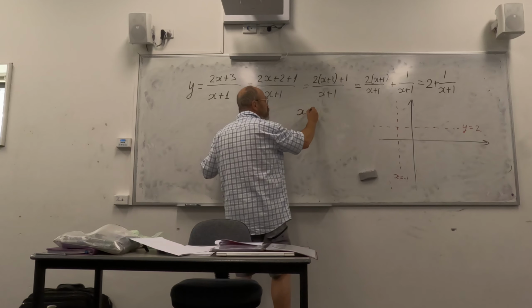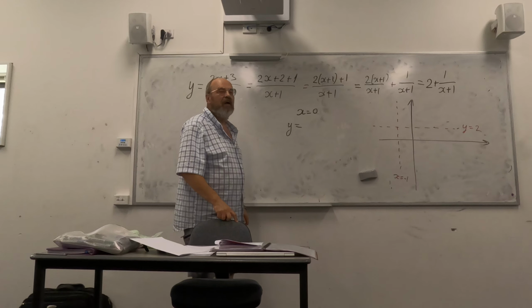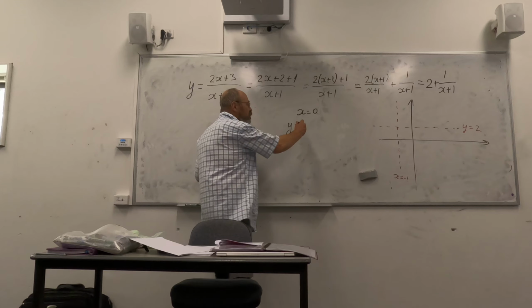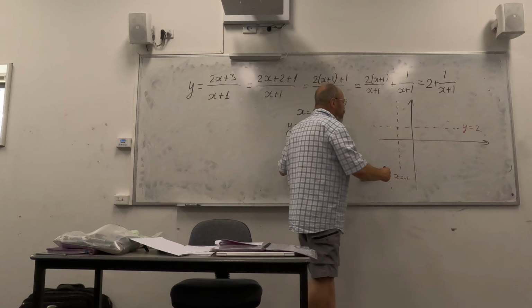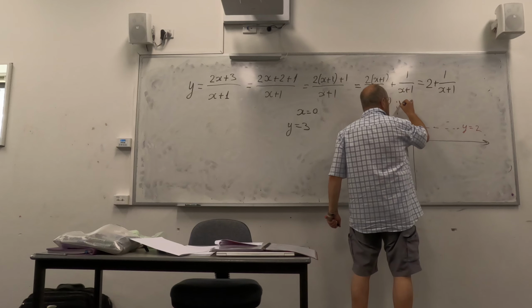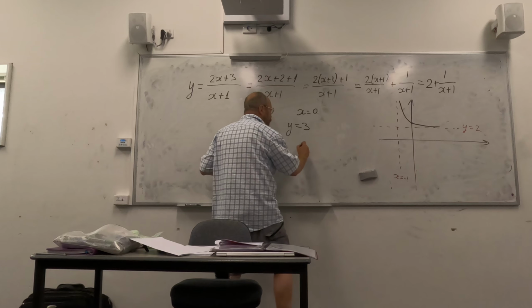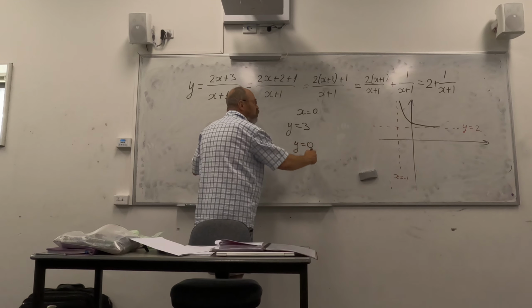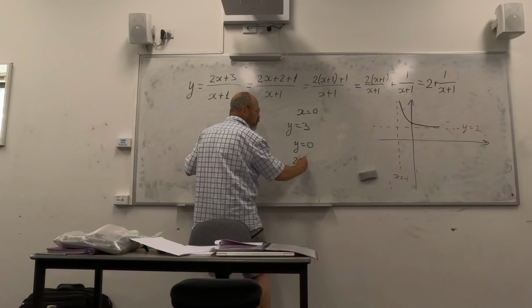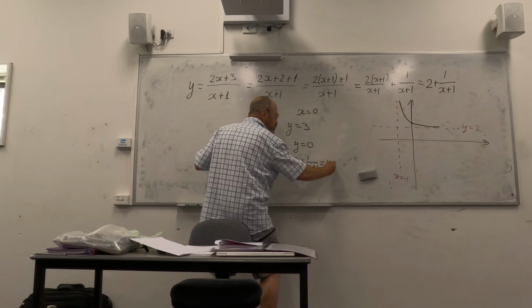So x equals 0. What will y equal when x equals 0? y equals 3. So we have (0, 3), and we can sketch this branch. Now we take y equals 0. We get 2 plus 1 over x plus 1 equals 0.